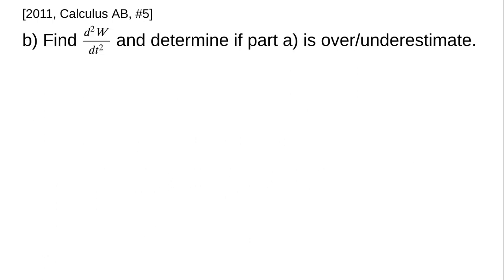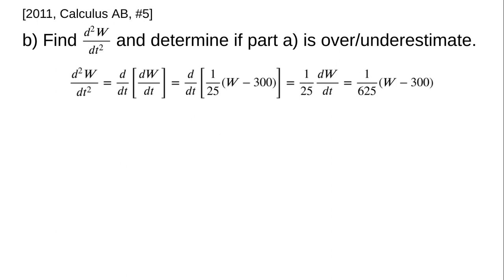In part B, we are asked to find d squared W/dt squared and determine if our estimate in part A is an overestimate or an underestimate. First, it's important to understand that d squared W/dt squared is just the derivative of dW/dt with respect to t again.